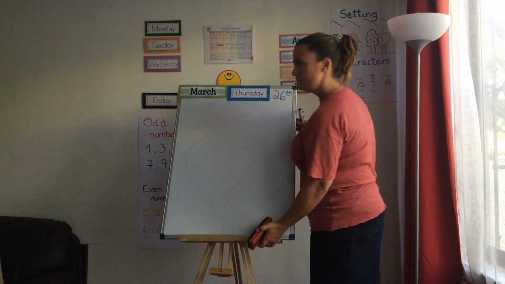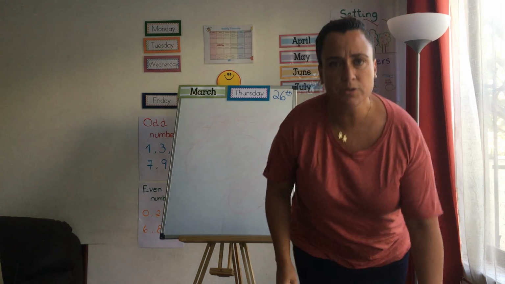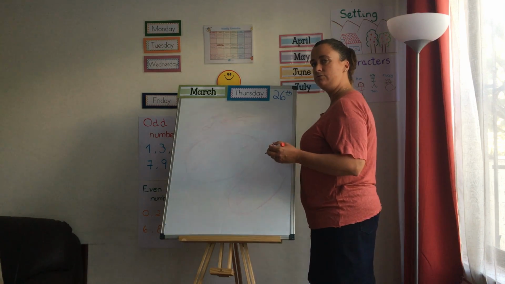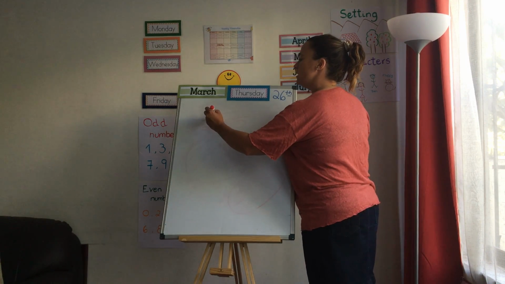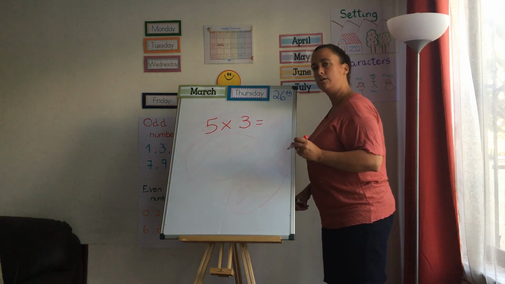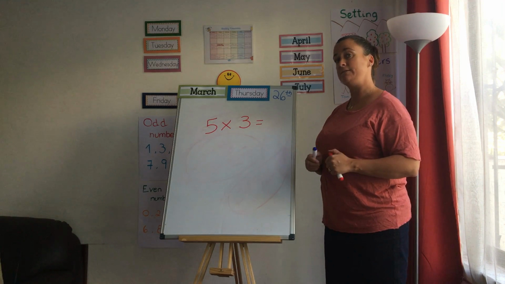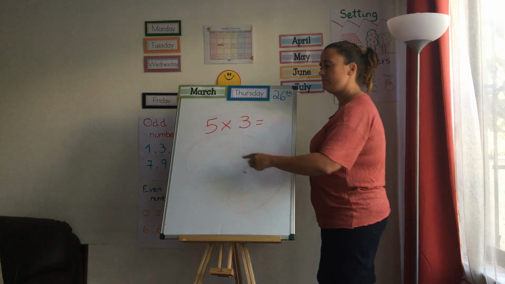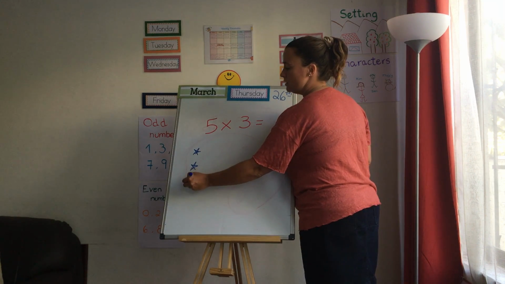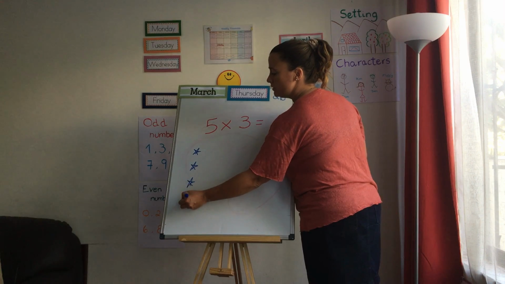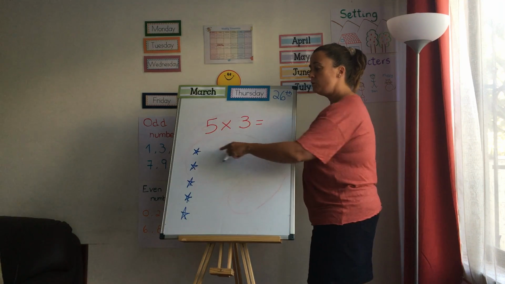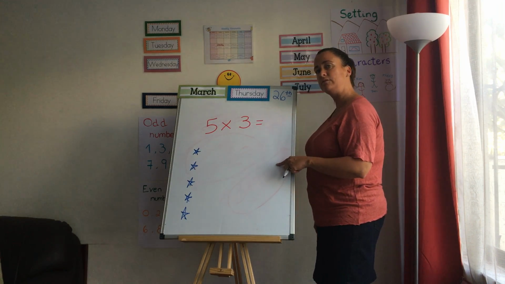Okay. Now, yes. Let's go to a medium one now. What if I need to do, oh, this is a good one. 5 times 3. So, I've got 5, 1, 2, 3, 4, 5. I've got 5. And each one of these, how many do they have?